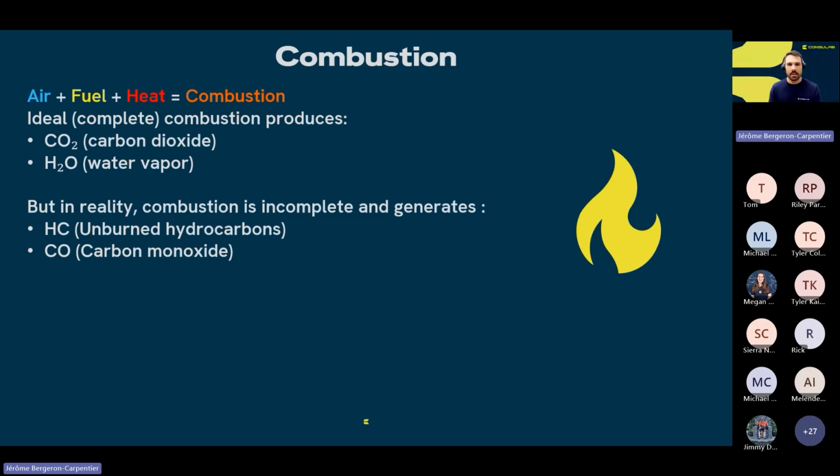So the combustion is partially incomplete and generates unburned hydrocarbons, HC, particles of fuel, and CO, carbon monoxide. Those pollutants are sometimes not treated in our catalytic converter, so they pollute the environment.